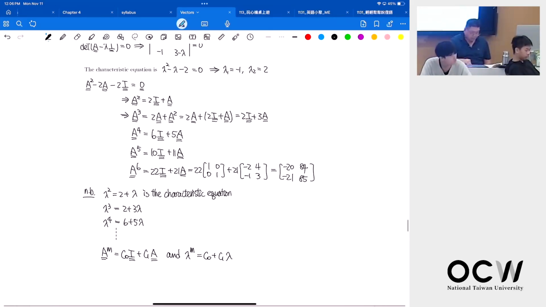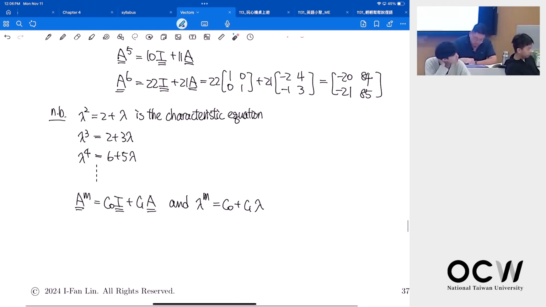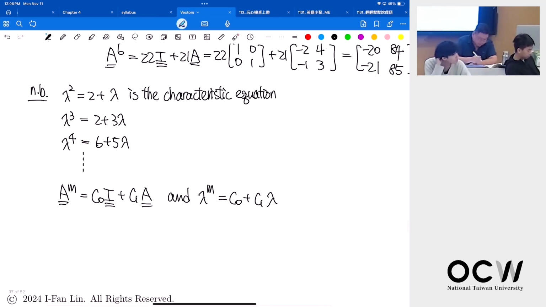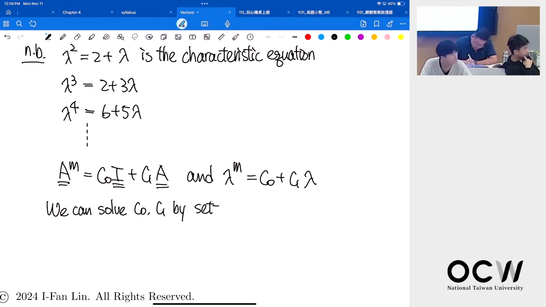And remember, how do we solve that? We have lambda 1 equals minus 1, lambda 2 is 2. So we can solve c0, c1 by having lambda equals minus 1 and 2.